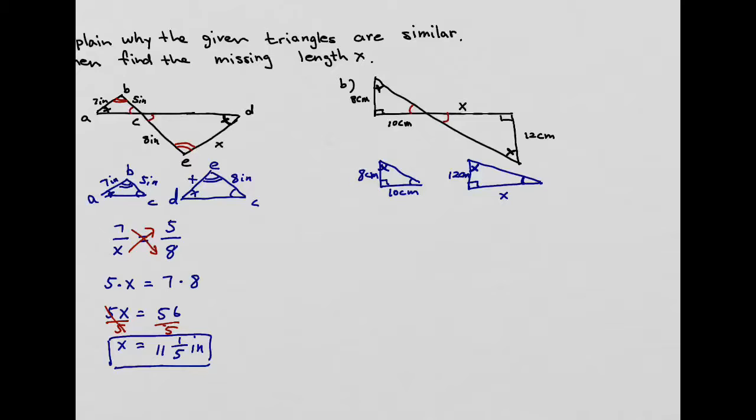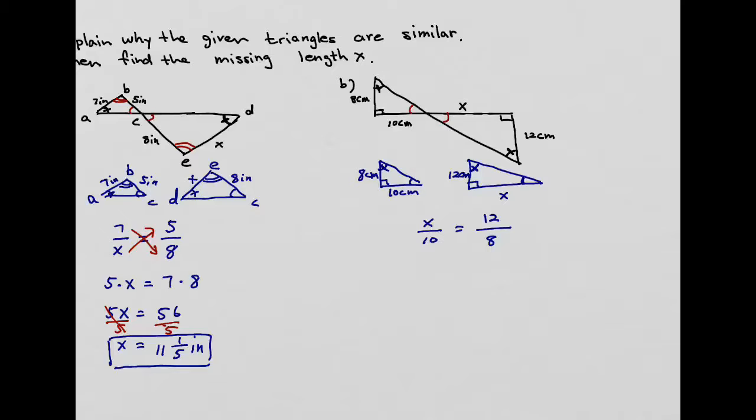So when we write this as a proportion, we should have x with 10 centimeters. And since I put the numerator with the bigger triangle lengths, 12 should be on the numerator. And that 8 centimeters from the smaller one should be on the denominator.